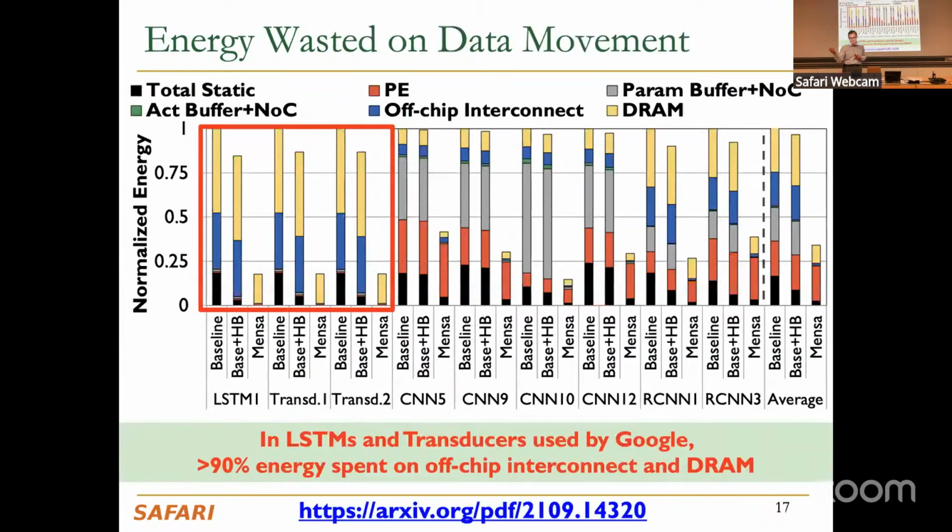I will get back to this, hopefully, if we have time. But this is an example. At the time we did these studies, LSTMs and transducers were the largest edge models that we had. Today, there are LLMs that are potentially much more intensive, depending on what you do. But you can see that most of the energy is really spent on off-chip interconnect and DRAM on these accelerators.